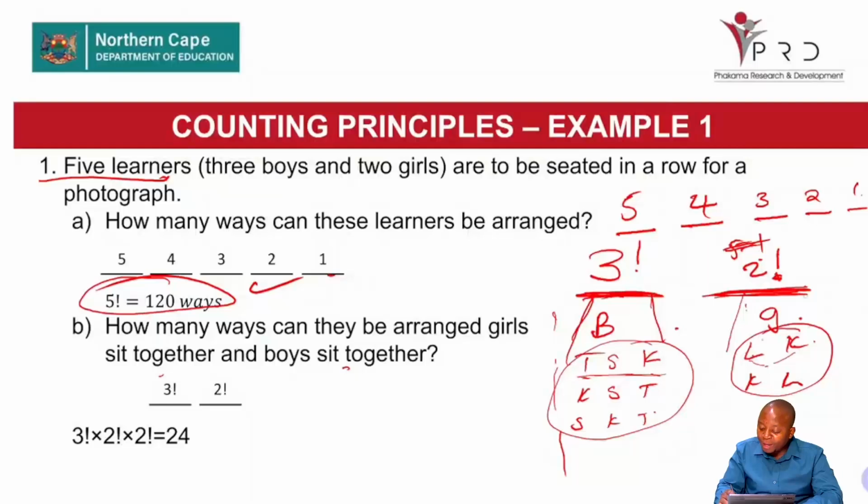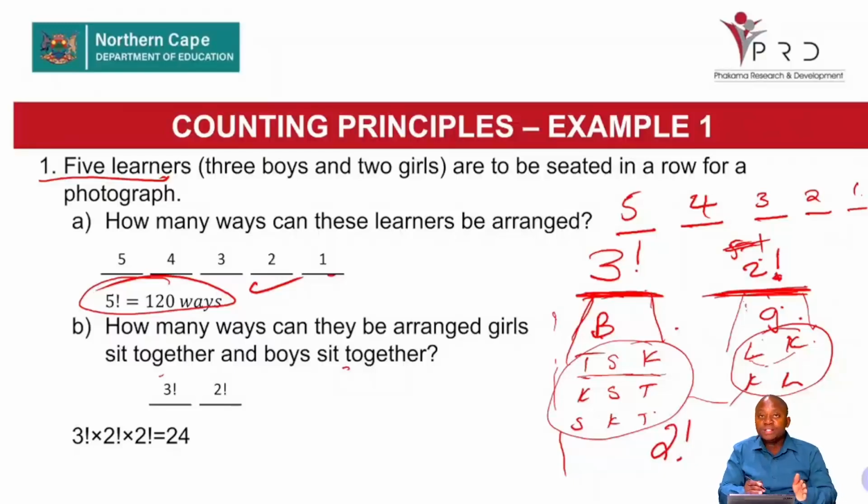However, we can also start with any bench, the bench for boys or the bench for girls. We still have 2 ways of doing this, another 2 factorial, since both benches can be put either way.